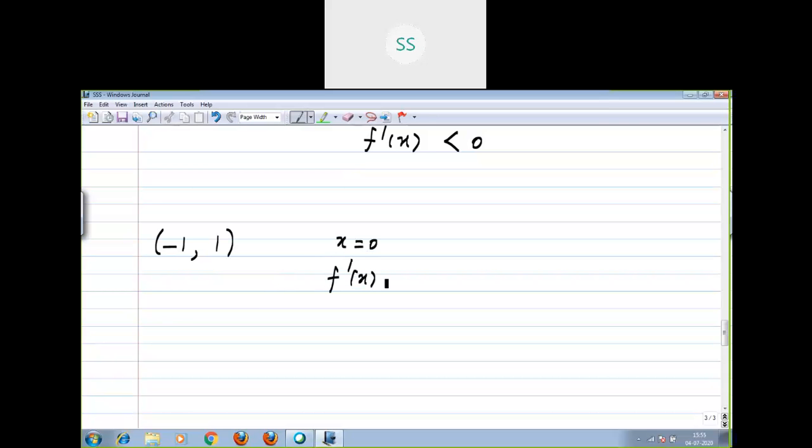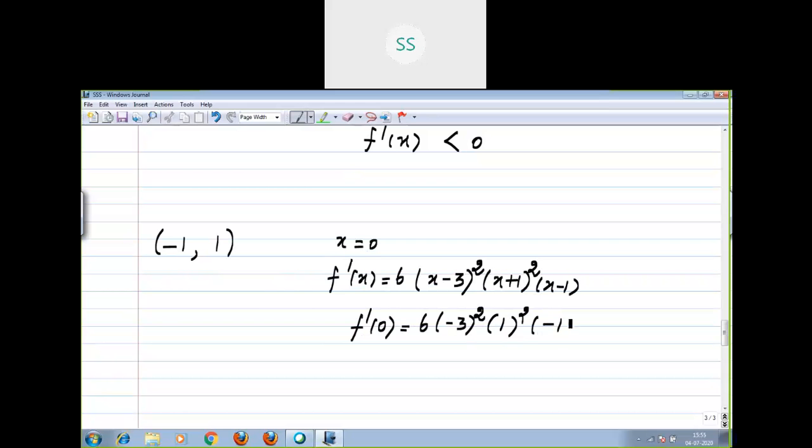F dash of x equal to 6 into (x minus 3) the whole square, (x plus 1) the whole square into (x minus 1). You have to substitute the value of x as 0. So 6 into (minus 3) the whole square. Here it becomes 1 square. Here it becomes minus 1. So what can you get? Negative.